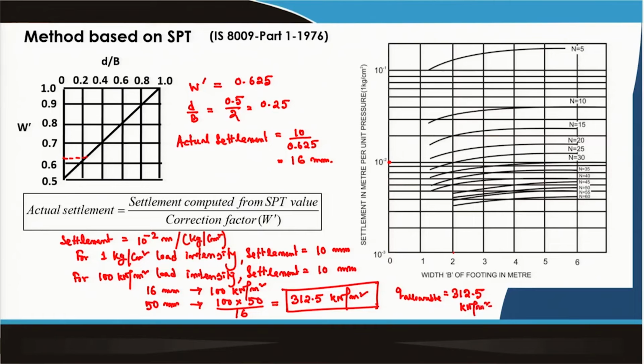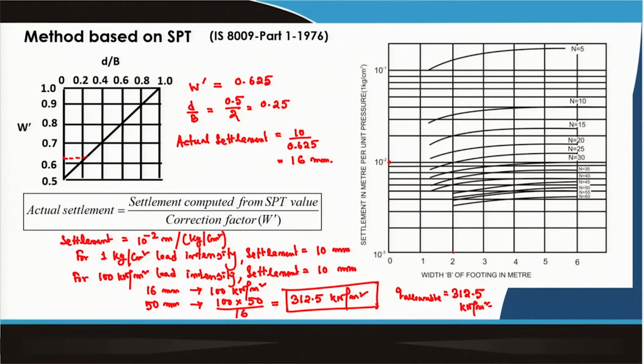Okay. So, to cross-check that, now you use another correlation so that we can determine the allowable bearing capacity directly, because in this case we determined the safe load considering bearing capacity and considering settlement separately, and then the minimum of these two is the allowable bearing capacity.